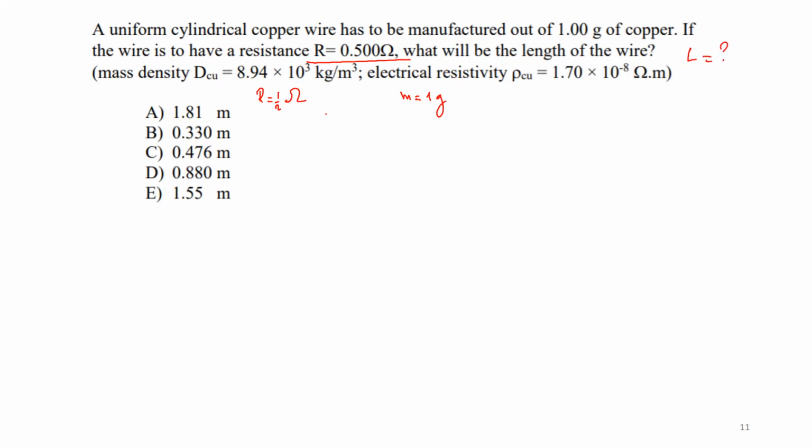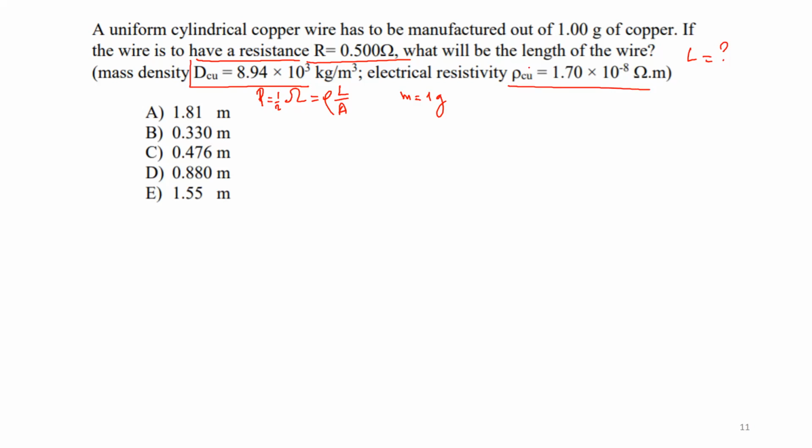Knowing resistance, of course, you know that resistance R is rho L divided by cross-sectional area. Here I give you the mass density of copper, 8,940 kilogram per meter cubed, and I give you rho copper.